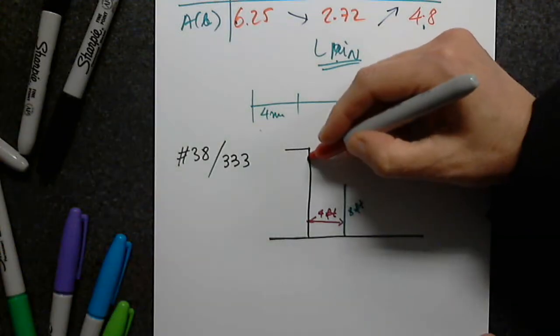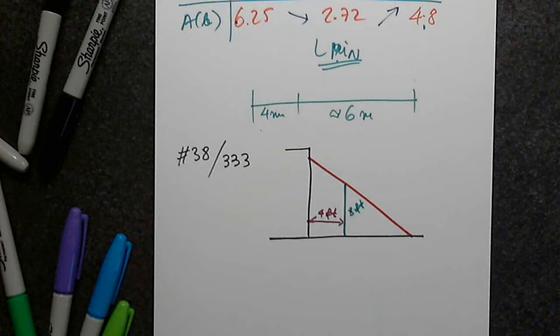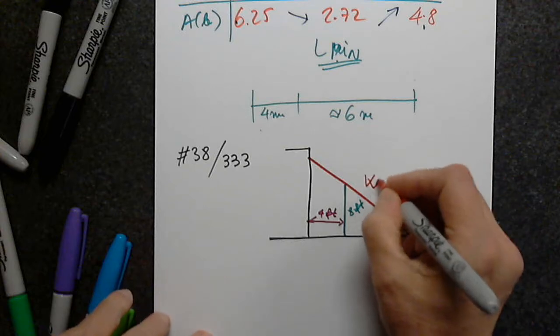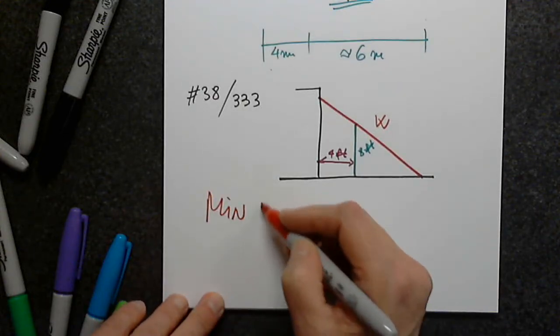And here is the ladder. We want to determine the shortest. I didn't get the chance to finish it, so I don't know what we're going to get. We want this ladder to be minimum, so the length should be minimum. Let's call it W. So we want to minimize W.